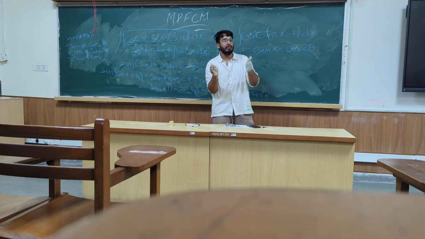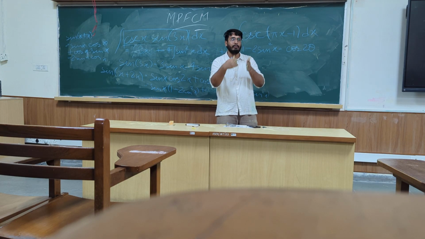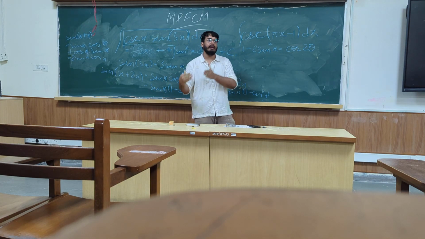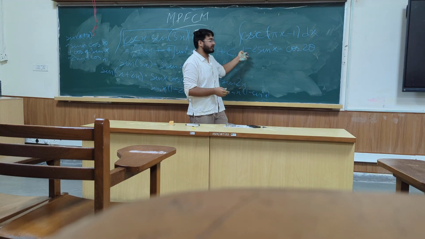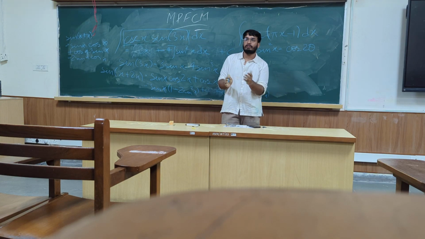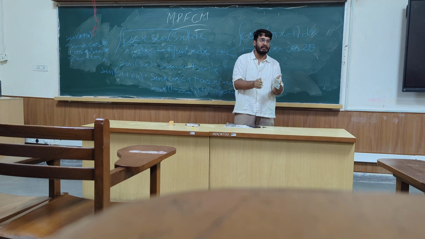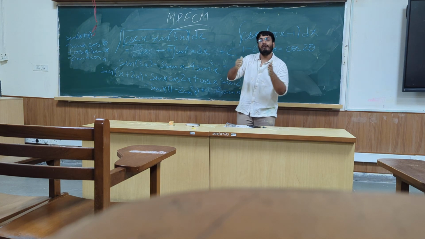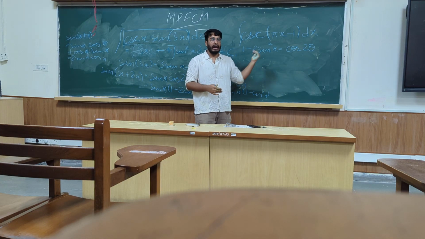So I get cos(theta plus theta), which is cos 2 theta, equals cos theta times cos theta minus sin theta times sin theta, which yields cos squared theta minus sin squared theta. I replace, because I want the answer in terms of sin squared, the cos squared theta with 1 minus sin squared theta. So I get 1 minus sin squared theta minus sin squared theta, which finally yields 1 minus 2 sin squared theta, which I wrote directly.